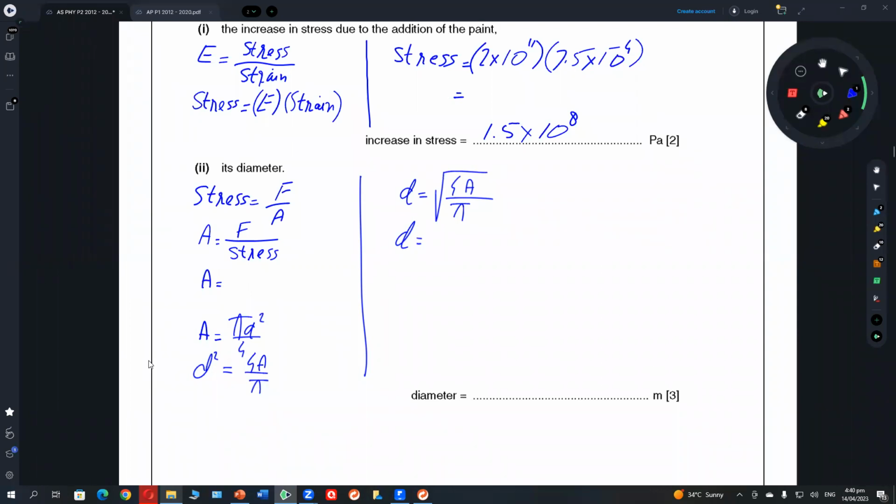Achha, you are going for radius, why not go directly for diameter? I used area is equal to pi r square. If you double it, it will be 8 into 10 to the power minus 4, right? Yes.